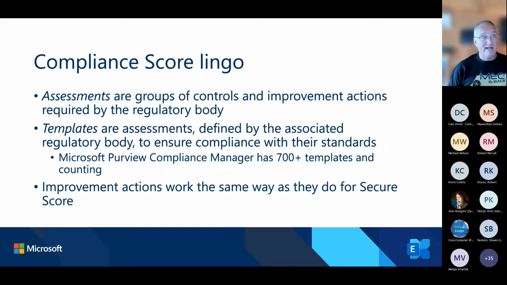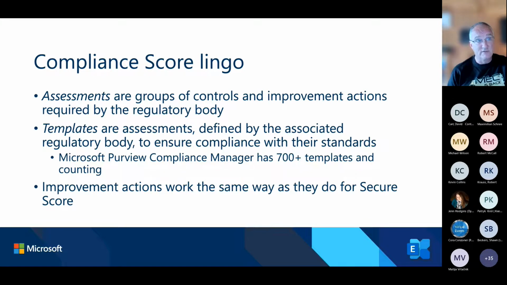It's some regulatory body somewhere, the Securities and Exchange Commission, the, I forget what they're called, the Council on Medicare Implementation, or the people who own HIPAA, the European Union. Somebody has defined the standard that you are trying to comply with, and the assessment is a measurement of, do you meet that standard? Okay, and then the template is the implementation of the assessment. And right now, Purview Compliance Manager has got more than 700 of them.